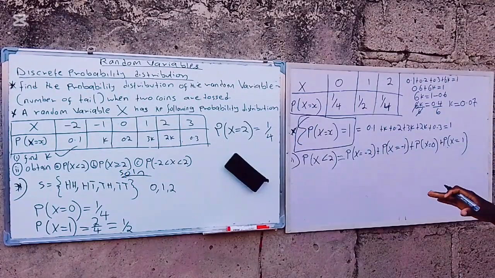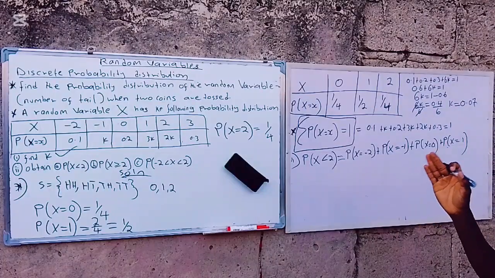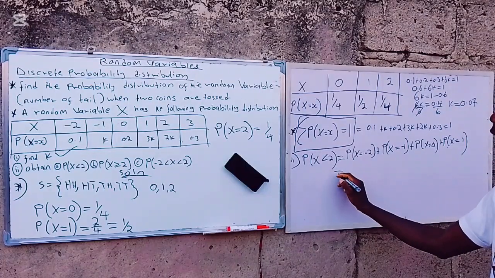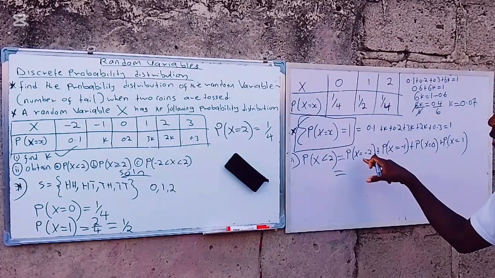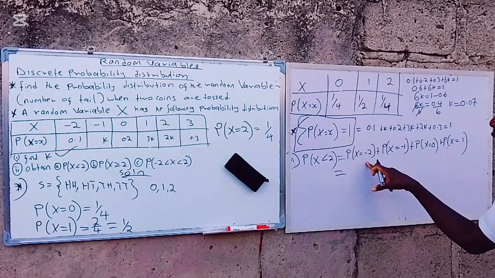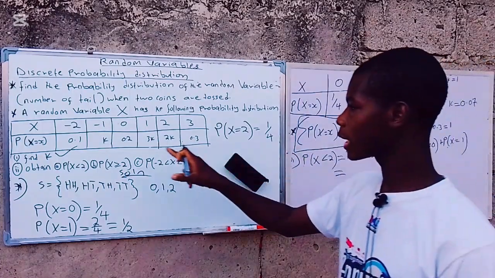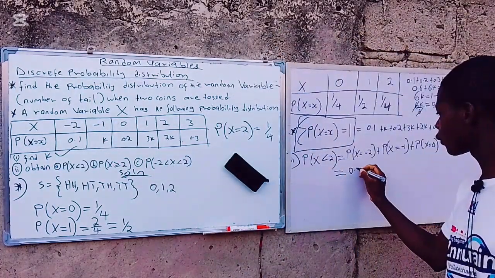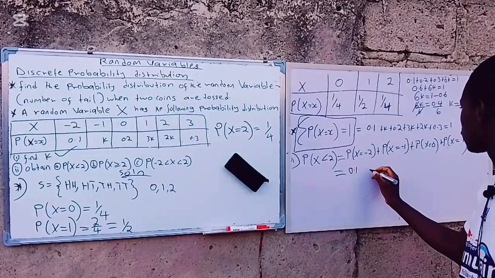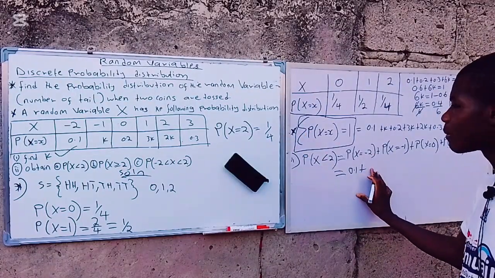So after finding the probability of x less than 2, the next thing is to take a look at this. Probability of x equals -2, just come back here, it is 0.1. So 0.1 plus the probability of this, which is k. What is the value of k?